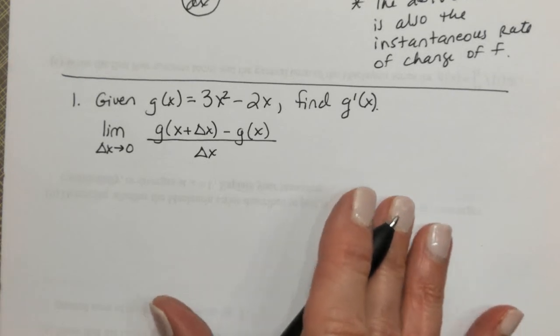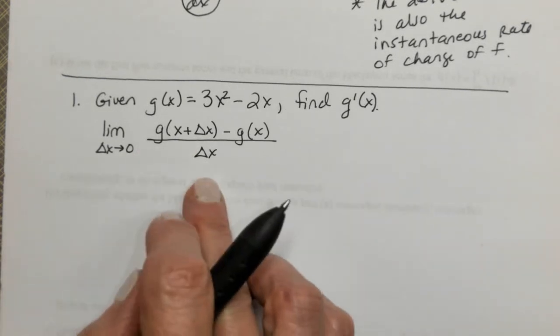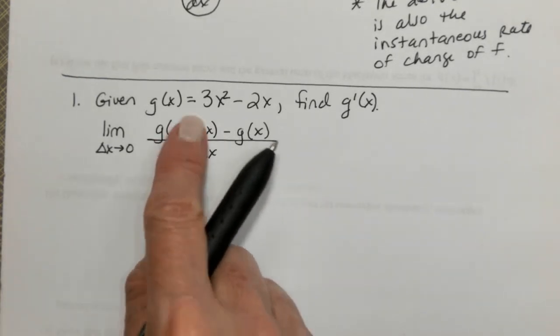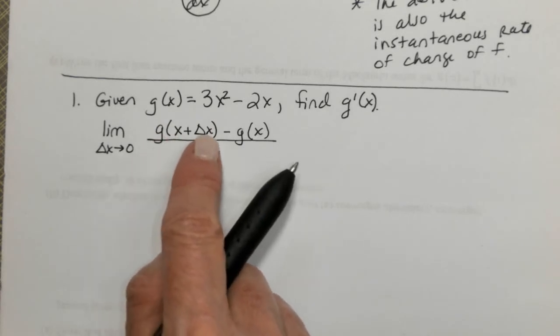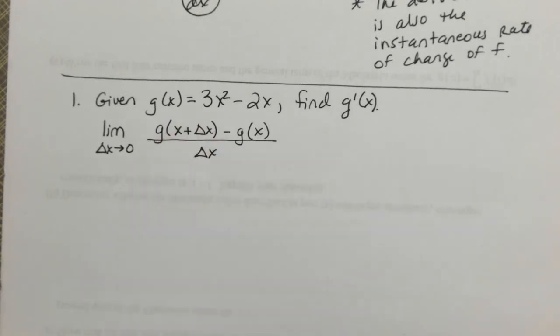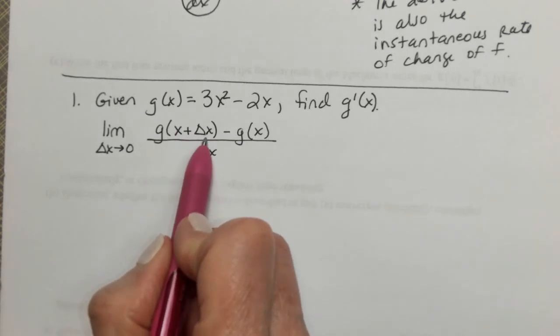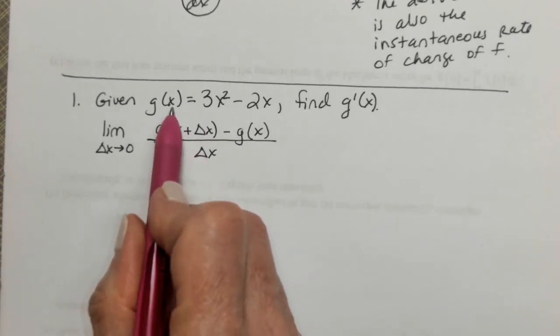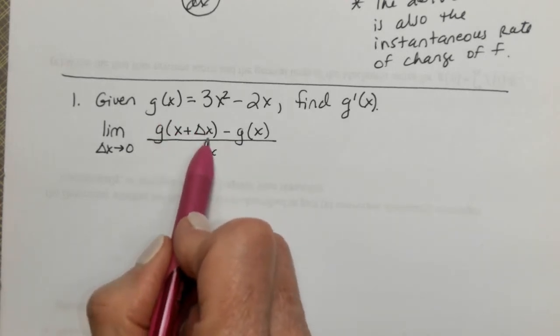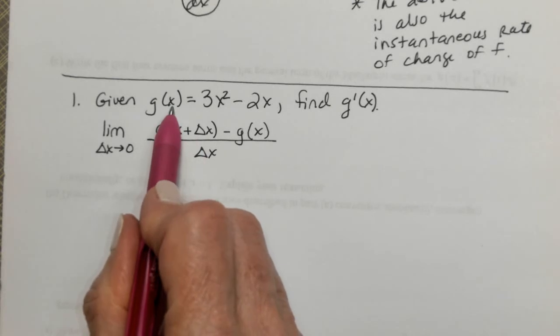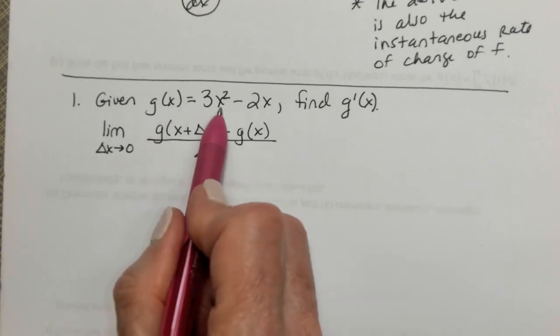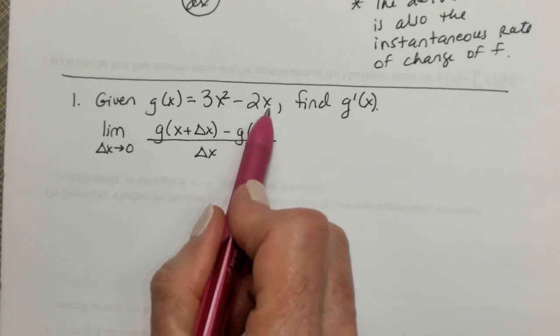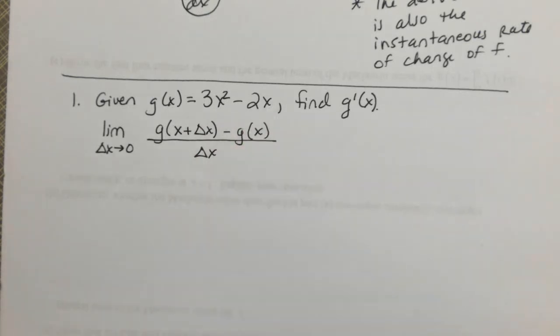Alright, so there's my setup, and now I want to write my expression for g of x plus delta x. So I'm taking my x plus delta x and replacing x with x plus delta x. I'm replacing that x with x plus delta x, that x with x plus delta x, and that x with x plus delta x.